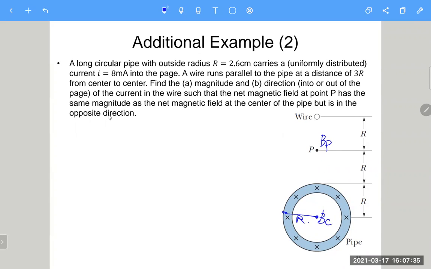So with the same magnitude, but opposite direction.